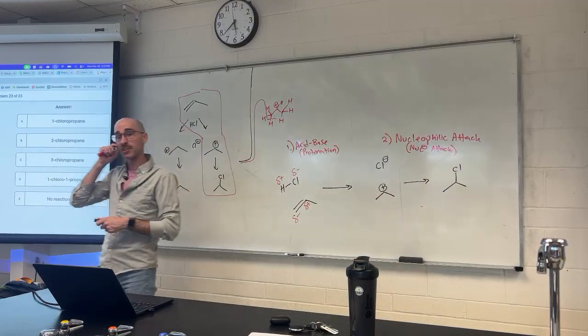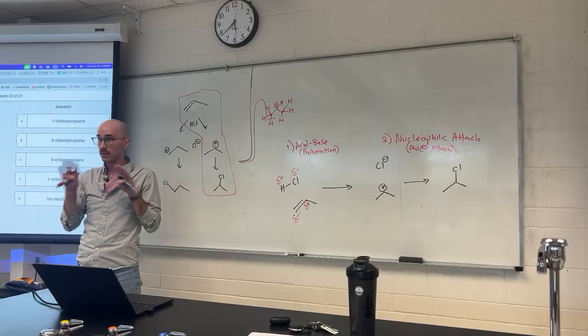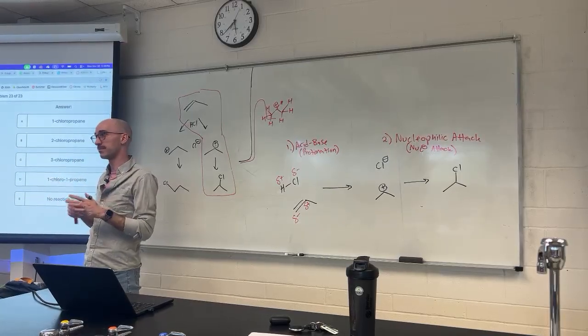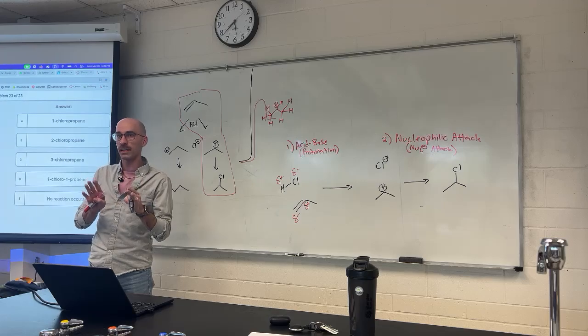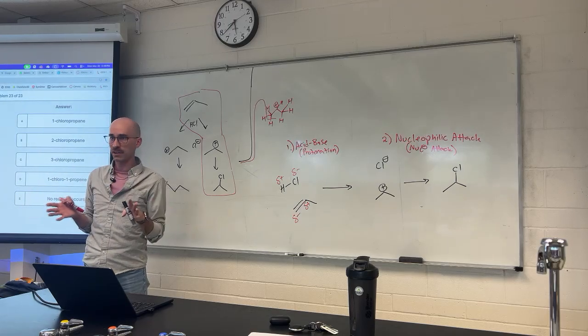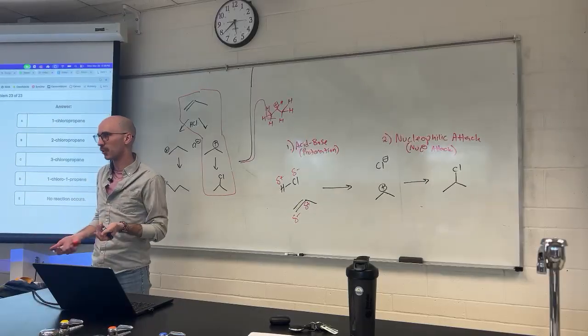The HX addition mechanism has 2 steps. It is a very simple mechanism. 2 elementary steps, 1 intermediate. You cannot show this as 1 step, despite being able to show it as 1 step.